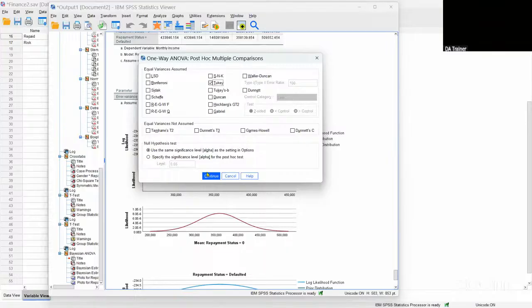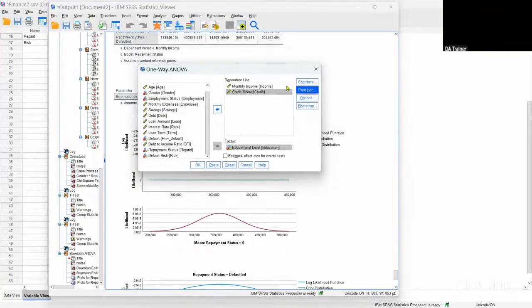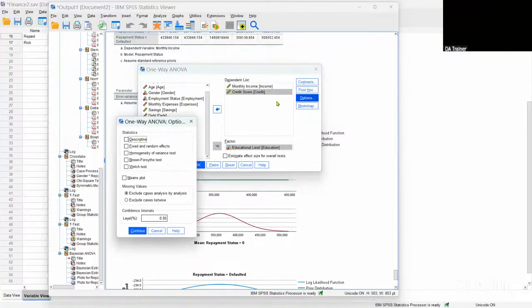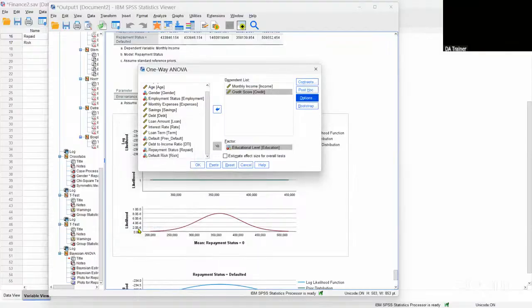Keep it there on Tukey. And then let's look at options. Activate your homogeneity of variance, and then you can also look at descriptive and means plots. Keep it at 0.95 confidence intervals. Click on continue and hit your OK.